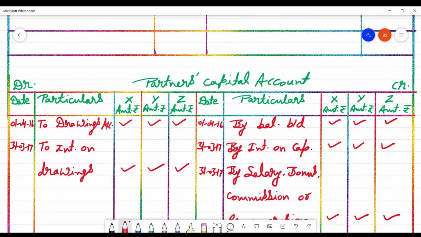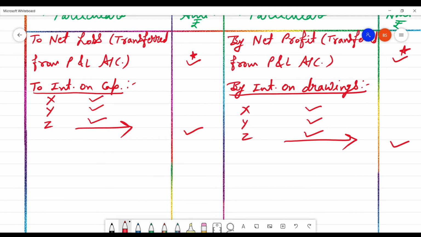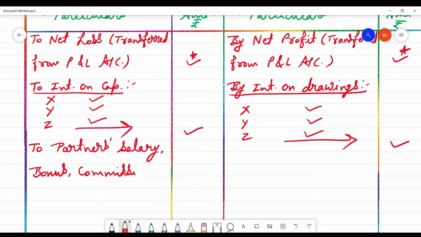And the second entry will be made on the left side of the P&L appropriation account, "To partners' salary, bonus, commission or remuneration".